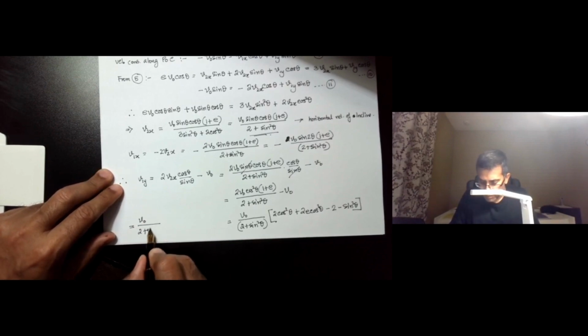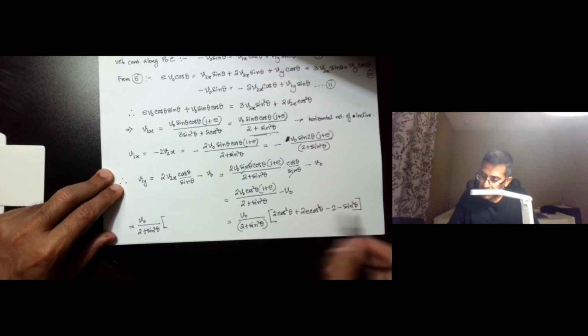It is 2 plus sine squared theta in the denominator, and in the numerator it is cosine squared minus sine squared, so there is not much simplification that can be done here.